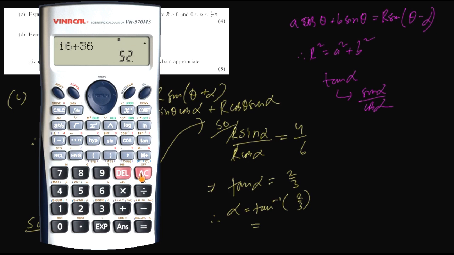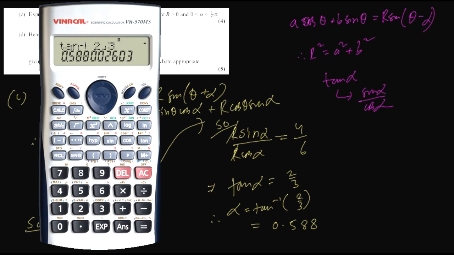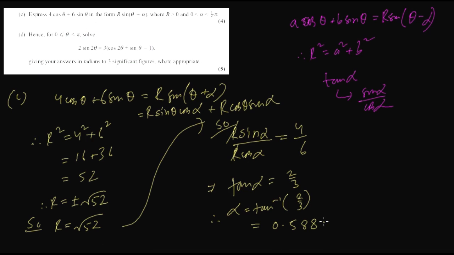So this is going to be tan inverse 2 by 3, which is 0.588002003.